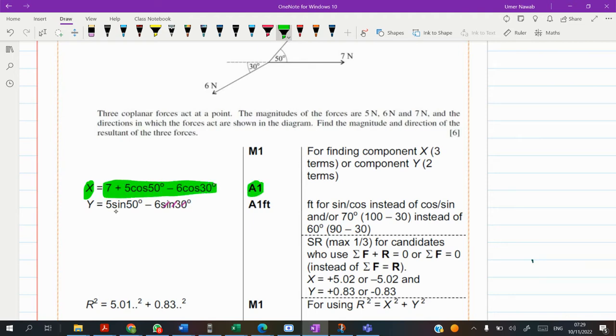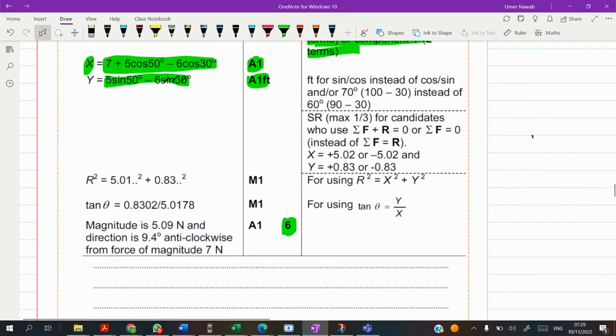He gave you 1 accuracy mark. Writing the y net, he gave you A1 follow through marks. M1 is finding the components. If the student has found the components correct, then he will give you the method marks. Then using the Pythagorean formula, this is the method marks.